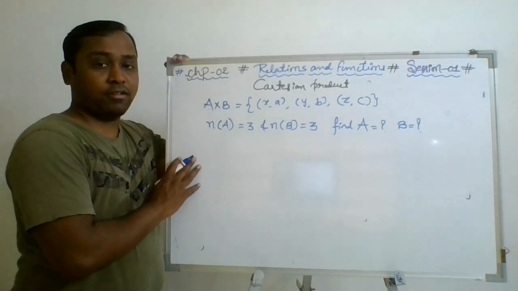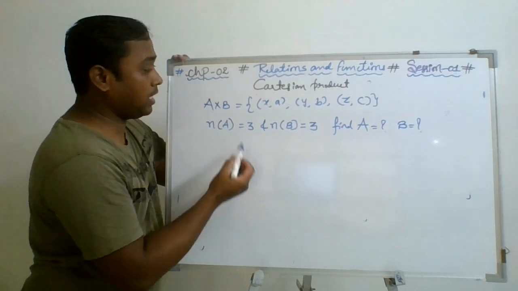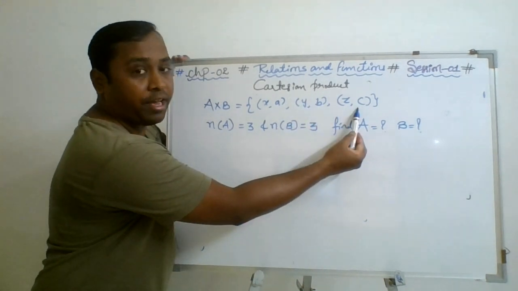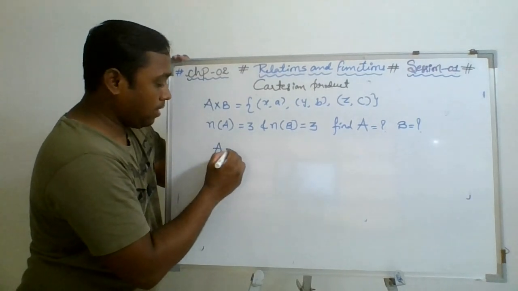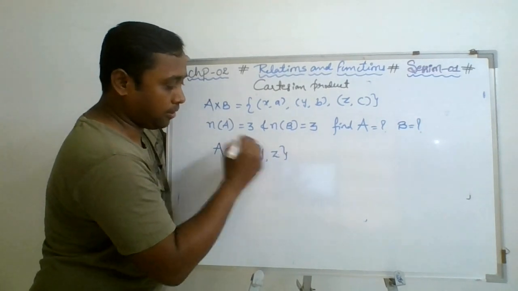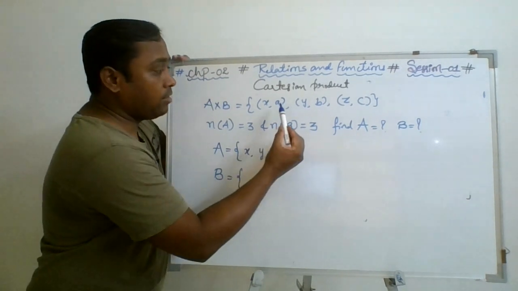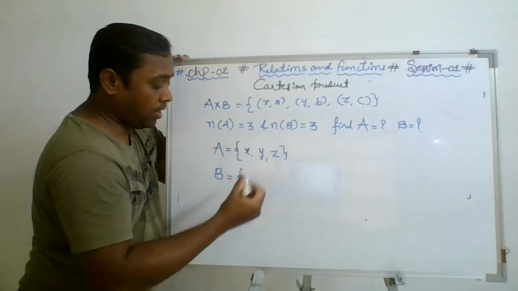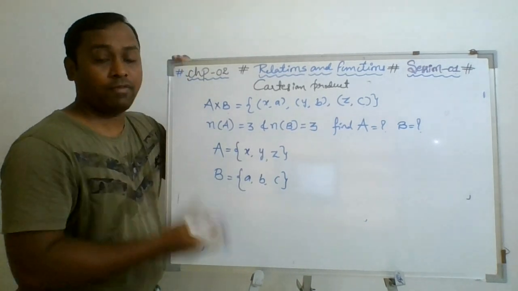From this discussion, you can simply say A cross B means, what does the definition say? The first element of each ordered pair is coming from which set? Set A. Hence, set A must have the elements X, Y and Z. Similarly, the second element of each ordered pair comes from set B, and set B must have the elements A, B and C. This is a reverse question.